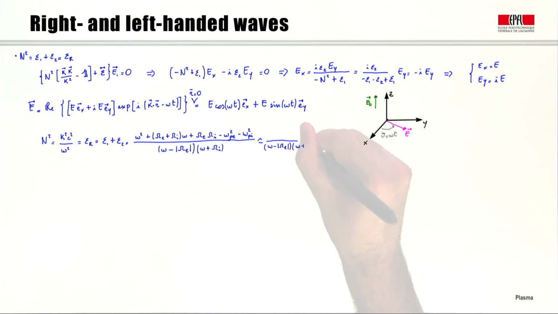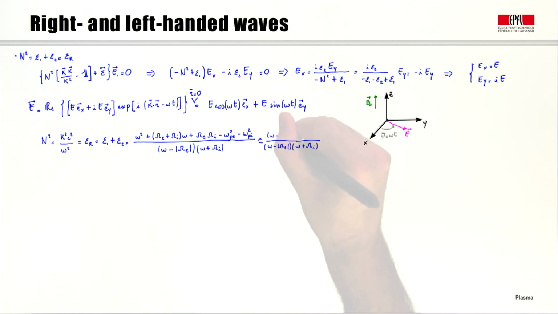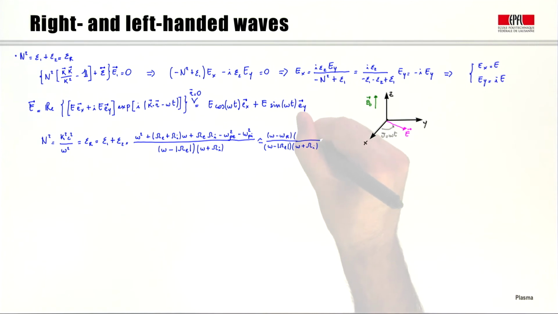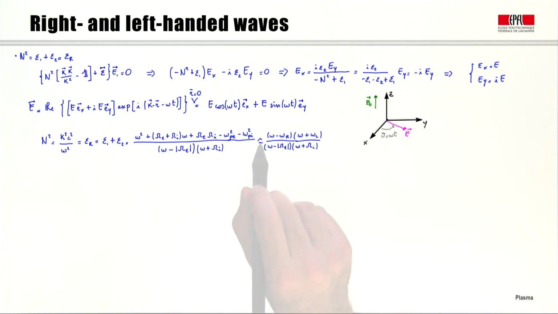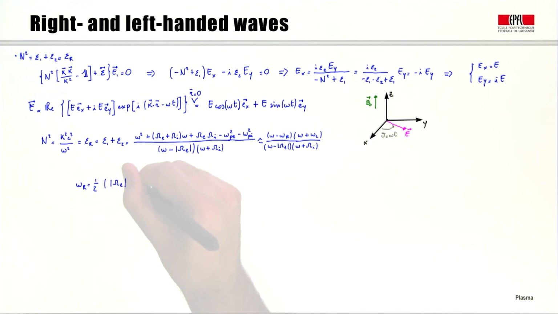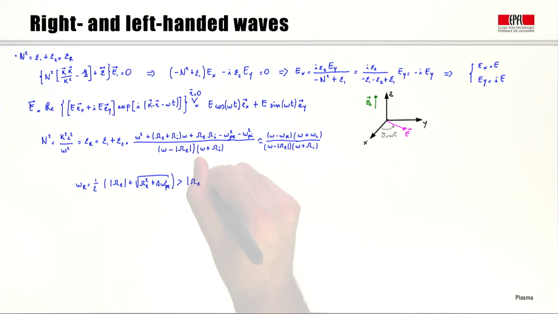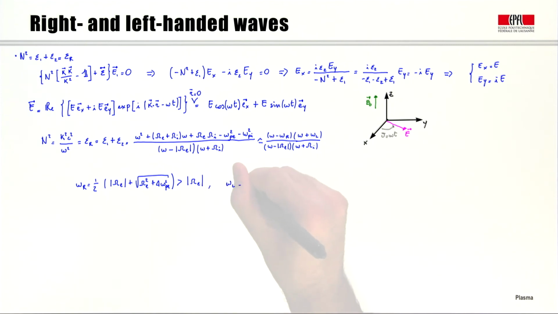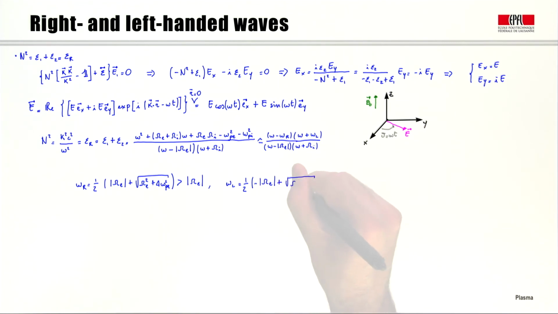We will decompose the numerator into the product of two terms, which involve two frequencies, omega R and omega L, which are given approximately, this is why I am using an approximate equal here, by omega R, half of the sum of the electron cyclotron frequency plus the square root of omega e squared plus 4 omega pe squared, which is in general a quantity greater than omega e, and omega L, which is given by one half of minus omega e plus the square root of omega e squared plus 4 omega pe squared.